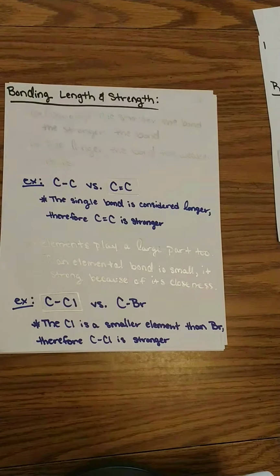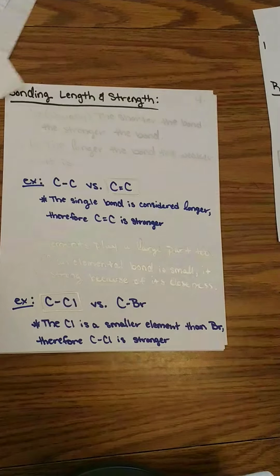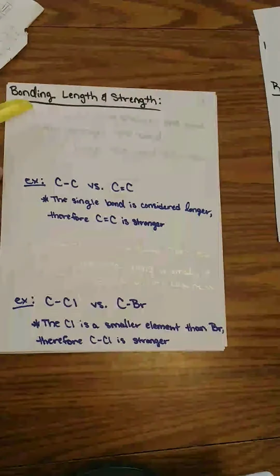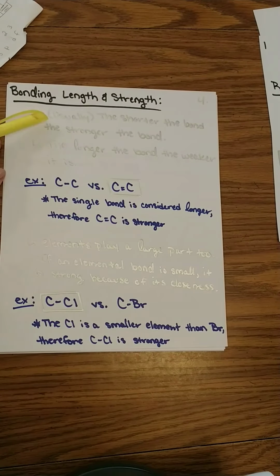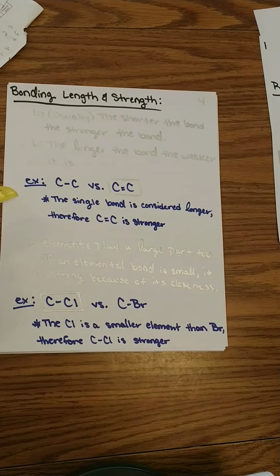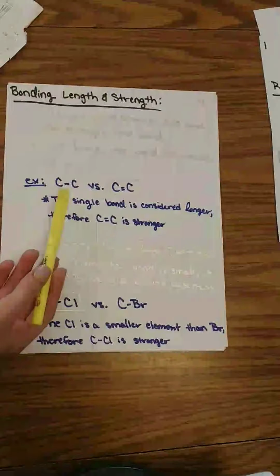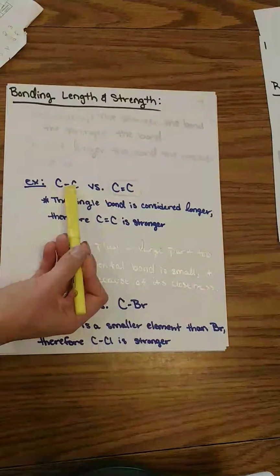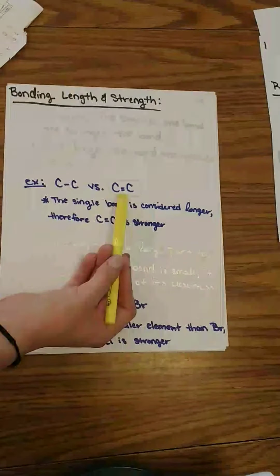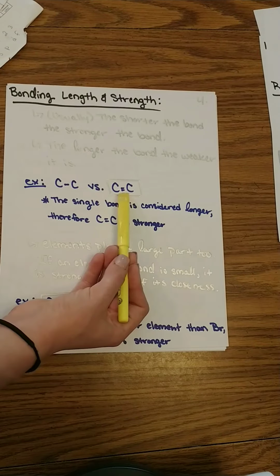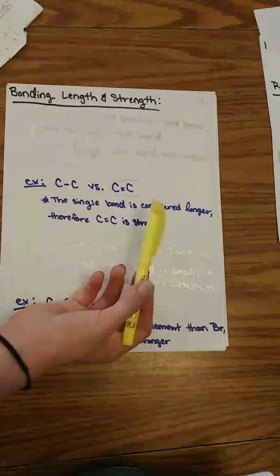Bonding length and strength. Usually, the shorter the bond, the stronger the bond, and then vice versa, the longer the bond, the weaker it is. So an example here is we have carbon sigma bonded, which means there's only one connector with another carbon, versus carbon pi bonded to another carbon, which means there's 2, or a sigma bond on top and then a double bond on that.